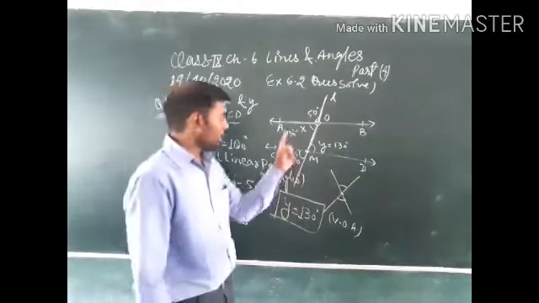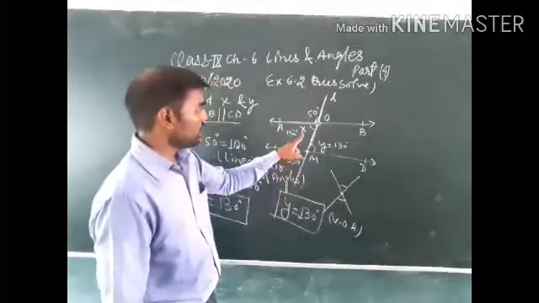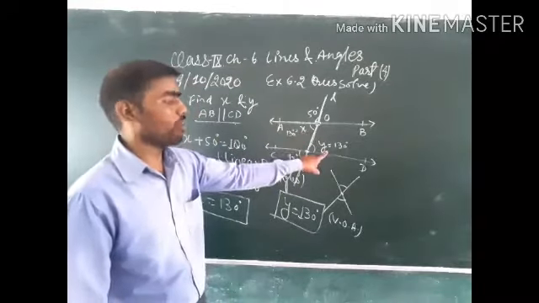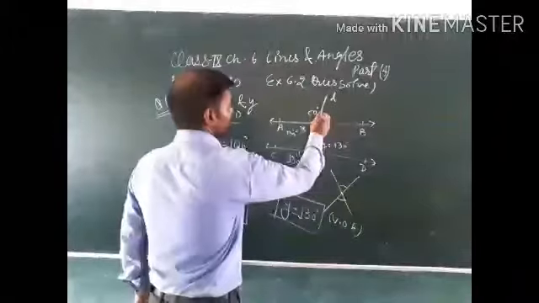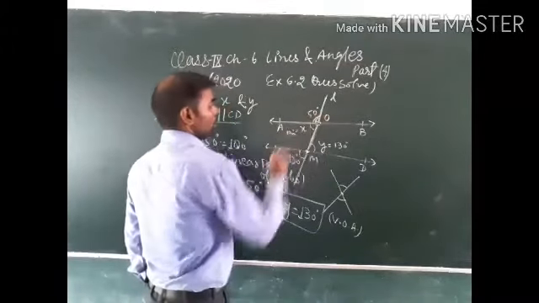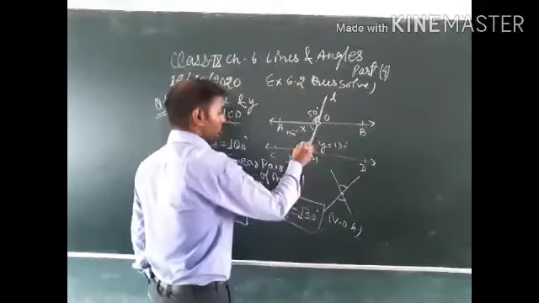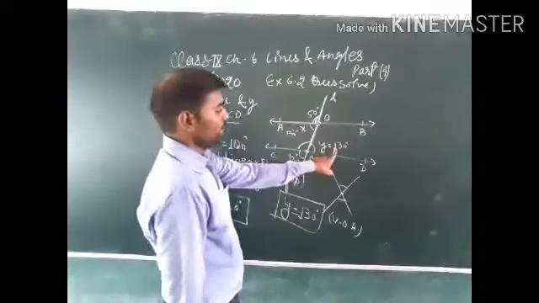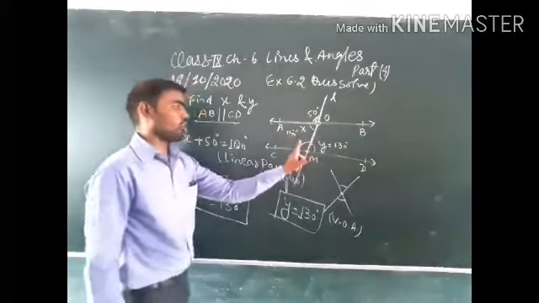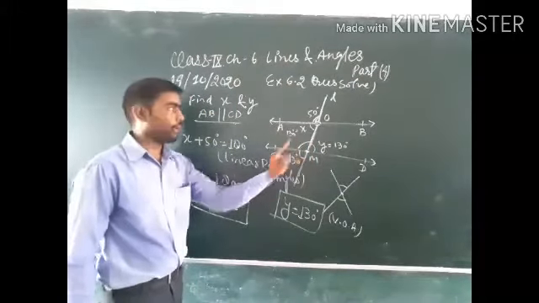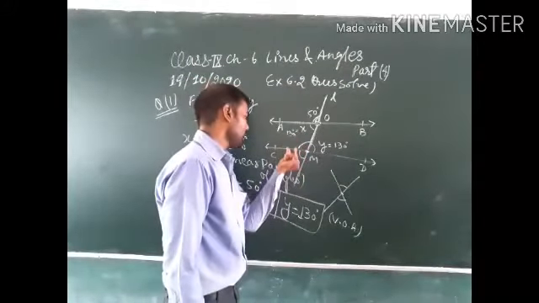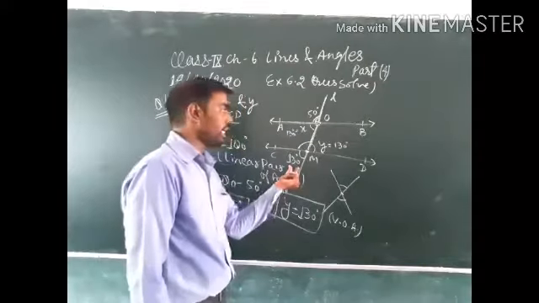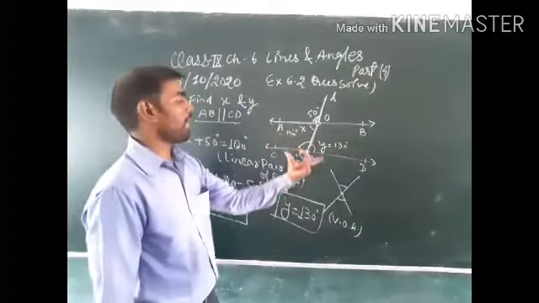Here you can also see this is y, this is 50 degrees, and this is also 50 degrees, because when this is 130 degrees, this is also 50 degrees by linear pair. And now you can see easily this is x, 130 degrees, and this is also 130 degrees. It means AB is parallel to CD.